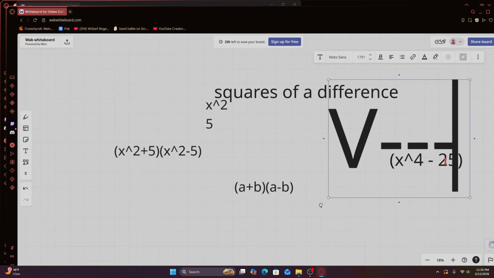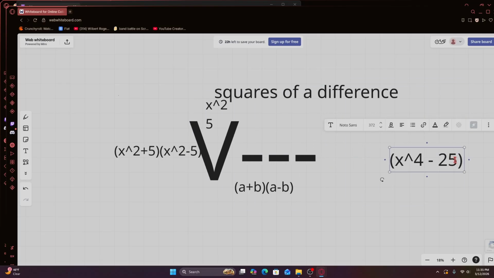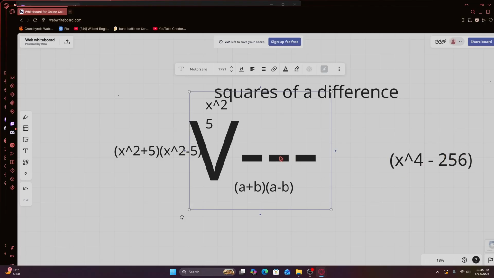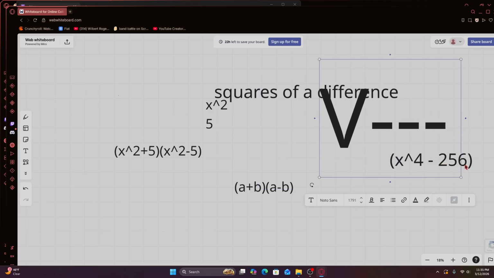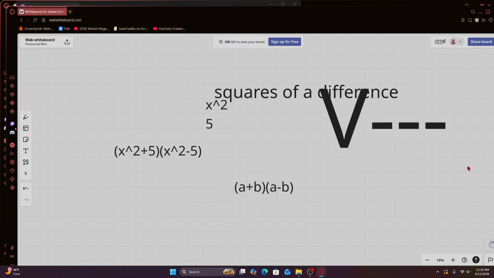So if we replace this 25 with 256, well, we can put a square root on that.